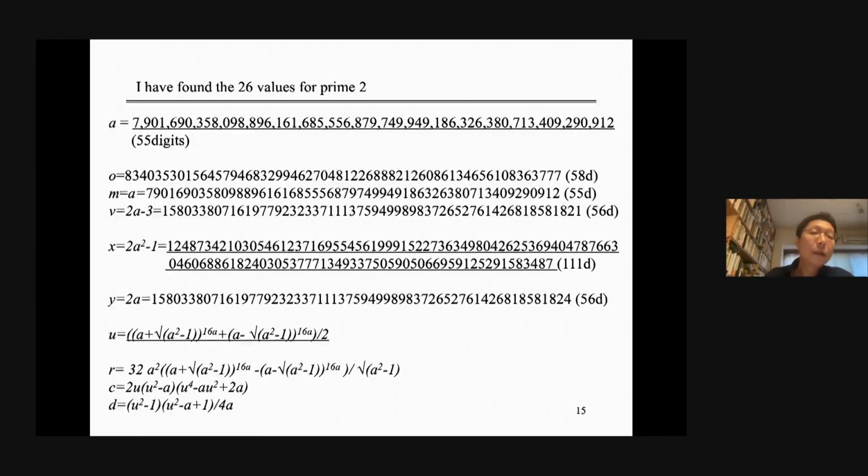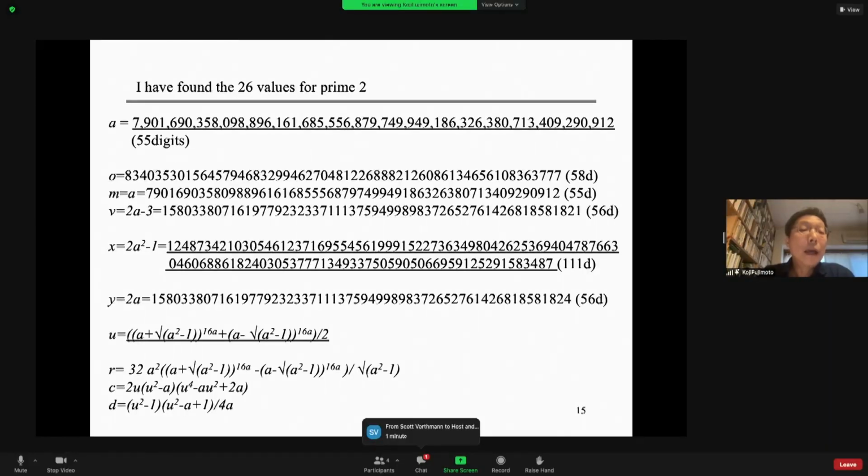Well, the value of variable a is a 55-digit integer, and x is a 111-digit one. Furthermore, the value of u is about a 55 times 10 to the 55th power-digit integer, because variable u is the eighth power of a.